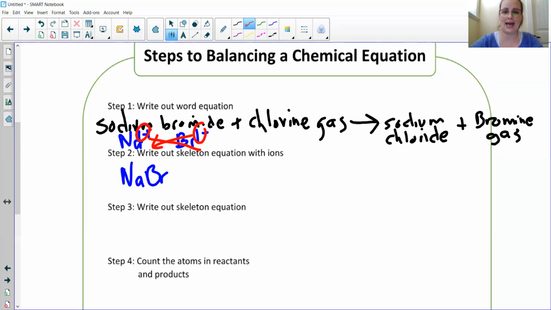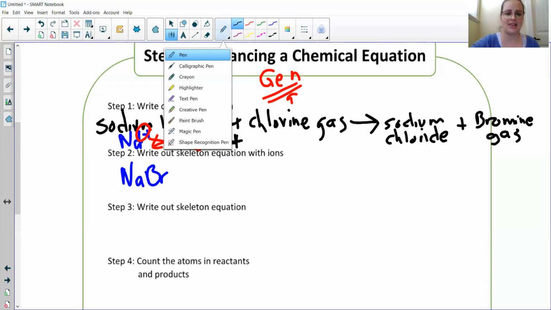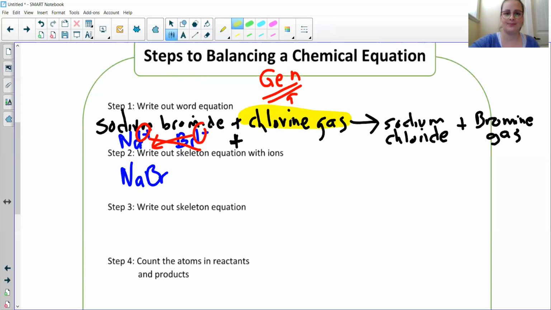We look up chlorine gas, and chlorine is a halogen. So any of the halogens and any of the atoms that end with the ending gen, so hydrogen, nitrogen, oxygen, and all the halogens, which is the second to last group on the periodic table, if they're by themselves like this, for anything other than the gens, you would just write its chemical formula and move on.